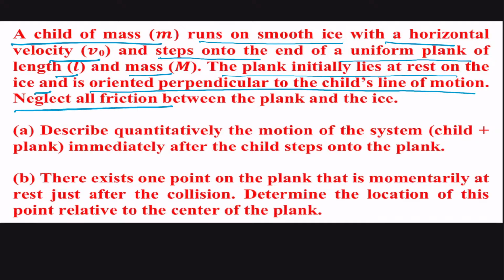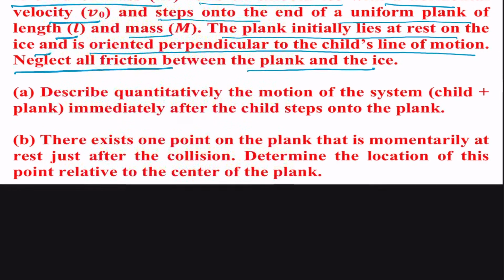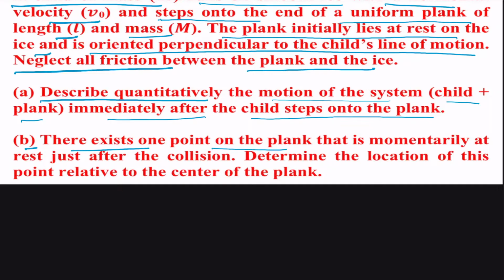Neglect all friction between the plank and the ice. So based on this, we have two questions. Part A: describe quantitatively the motion of the system, that is child plus plank, immediately after the child steps onto the plank. Part B: there exists one point on the plank that is momentarily at rest just after the collision. Determine the location of this point relative to the center of the plank.